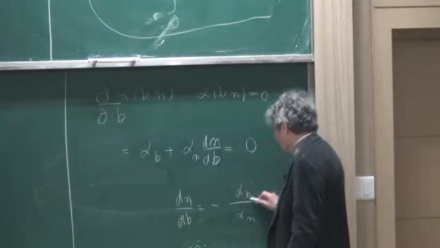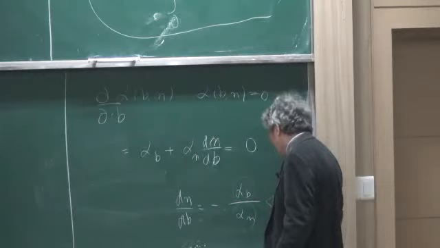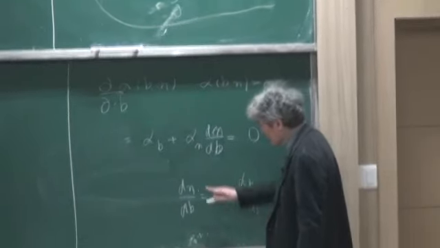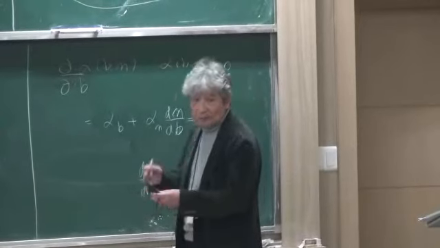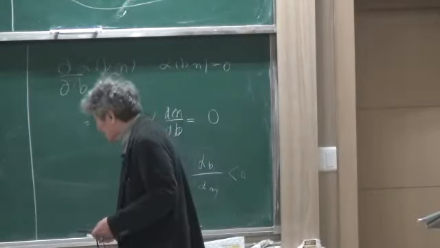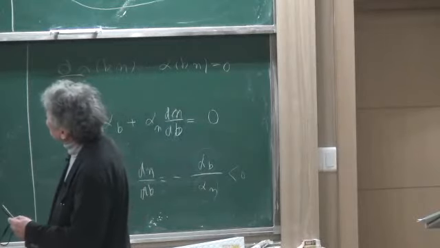So this is negative, roughly speaking. So this is just a monotone decreasing function like this, of course depending on the functions. But you can see it's the same story.